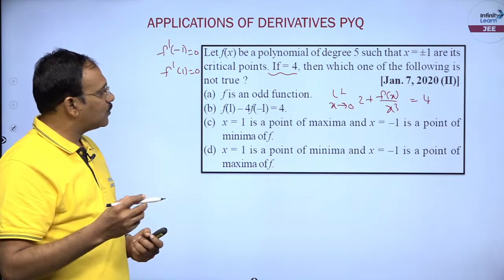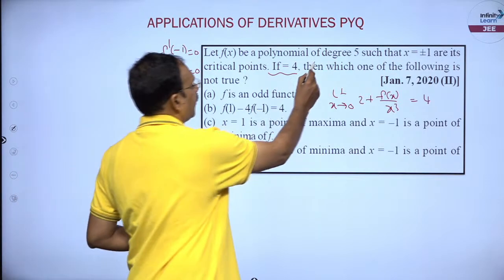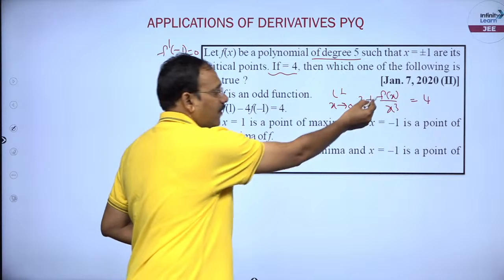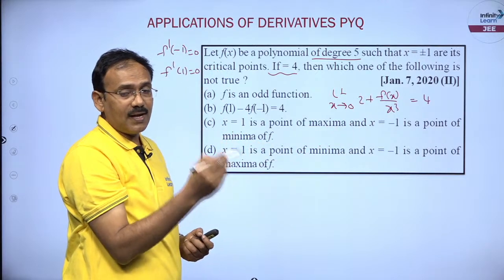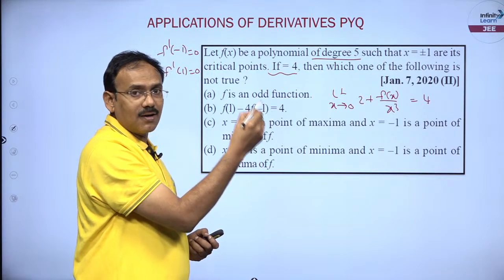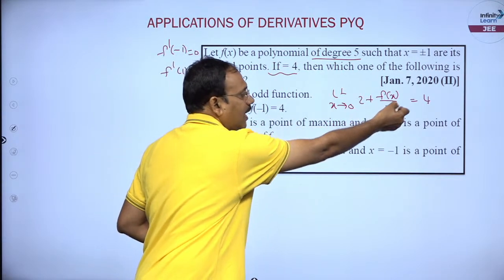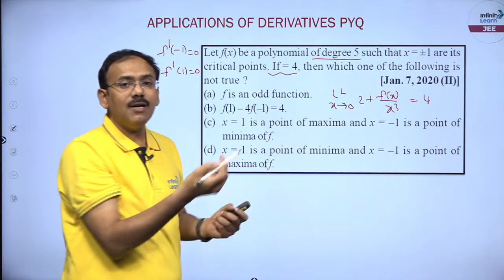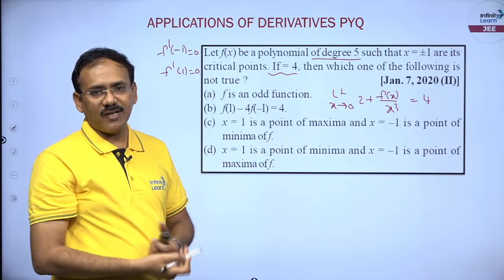Fine friends, you see f of x is a polynomial of degree 5. If f of x has an x square term or x term or constant term, when you divide with x cube, x will be retained in the denominator, and the limit will become infinity or does not exist.